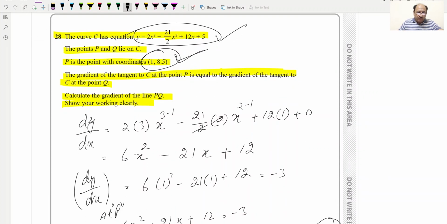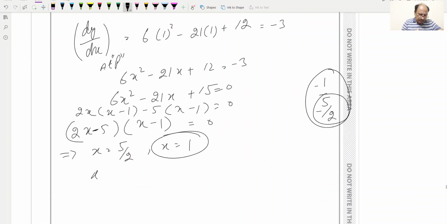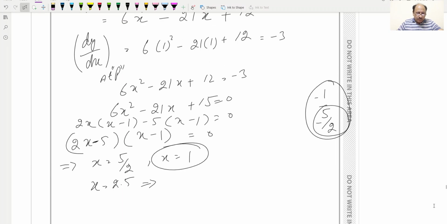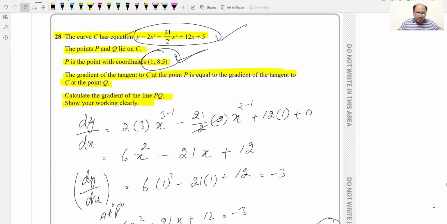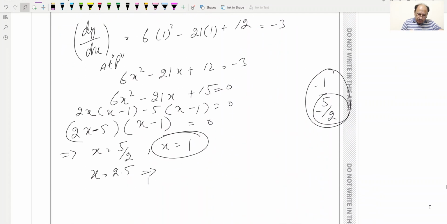We will replace x with 5 by 2, which we can write as x is equal to 2.5, and we can find the value of y. The equation given is y equals 2x cubed minus 21 by 2 x squared plus 12x plus 5.